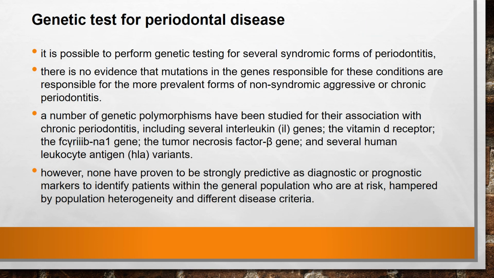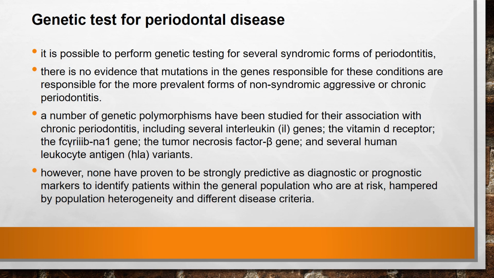Genetic test for periodontal disease. It is possible to perform genetic testing for several syndromic forms of periodontitis, but there is no evidence that mutations in these genes are responsible for conditions like non-syndromic, aggressive, or chronic periodontitis. A number of genetic polymorphisms have been studied for their association with chronic and aggressive periodontitis, including interleukin 1 genes, vitamin D receptor, Fc gamma receptor genes, tumor necrosis factor beta gene, and several human leukocyte antigen variants.